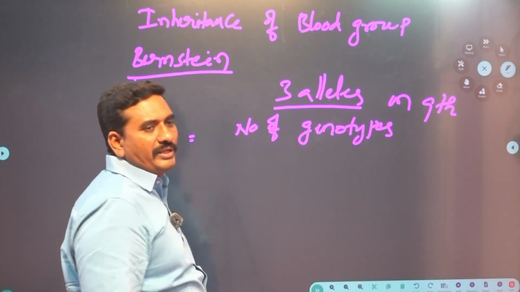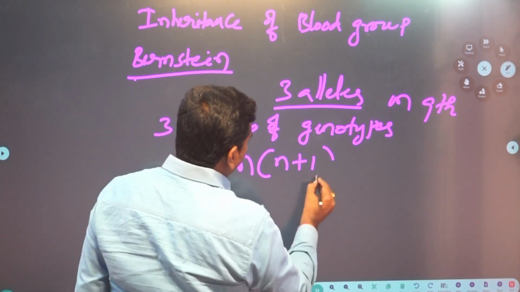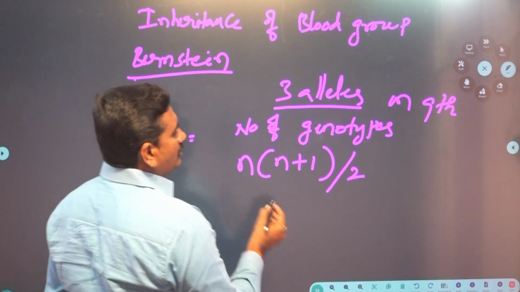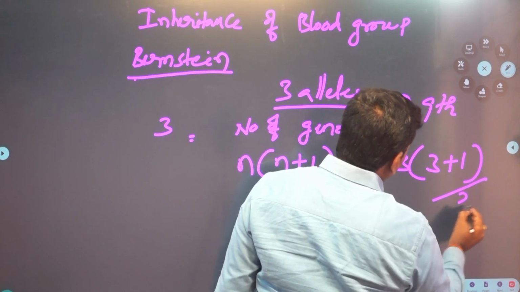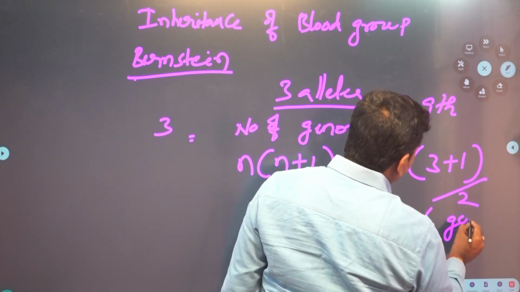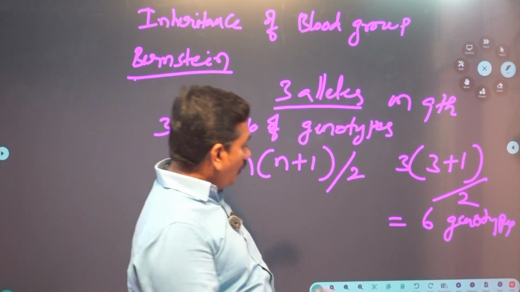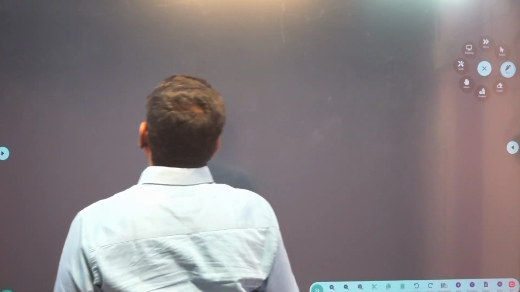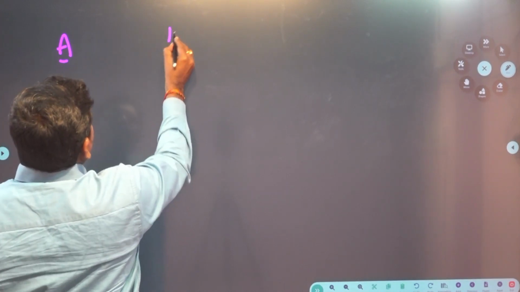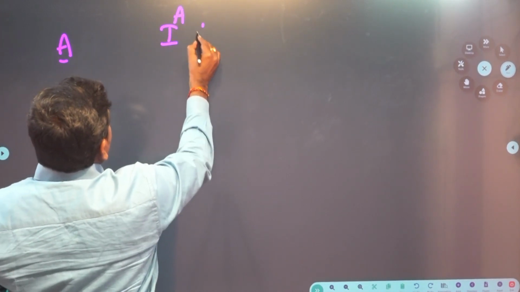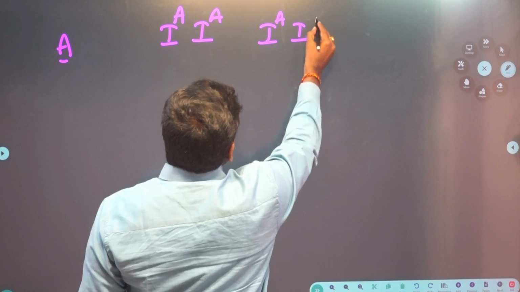The formula is n into n plus 1 by 2. If you take 3 into 3 plus 1 by 2, that is 6 genotypes we can expect from the blood grouping system. What are the 6 genotypes? If you take the A blood group, there are two types: IA IA, and second IA IO.